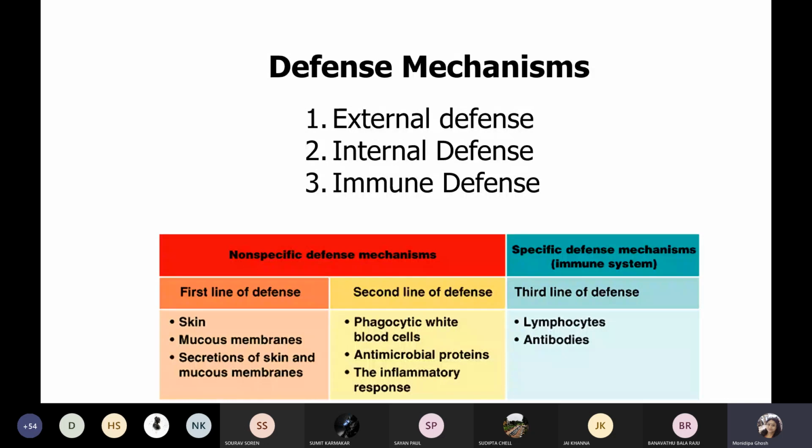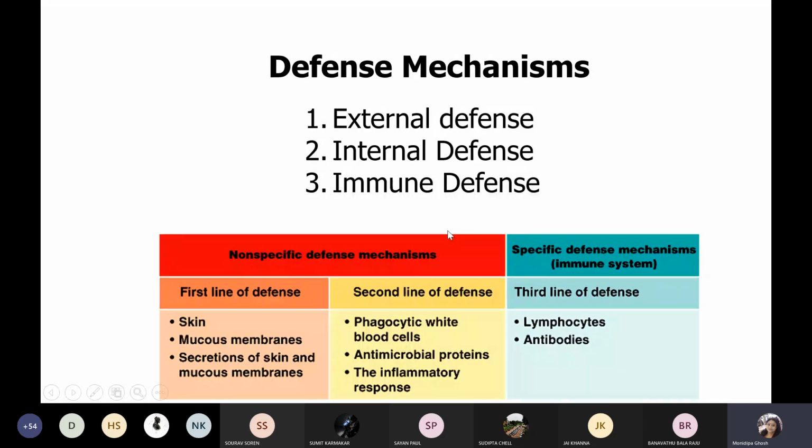So total count and differential count, where if the numbers of the white blood cells, red blood cells vary, it is the signature whether the condition is an infective condition of the body or it is a normal one. So these come under the purview of the first line and the second line defense, and the non-specific defense mechanism, not very much specific against any specific pathogen.